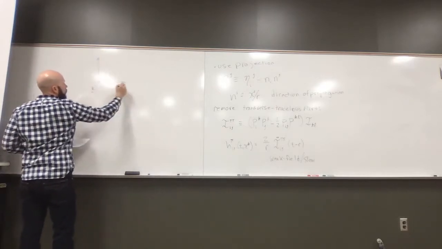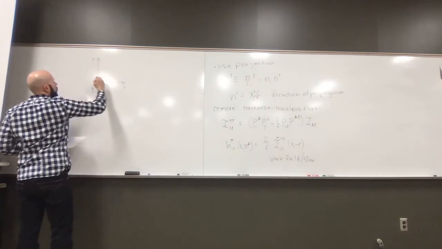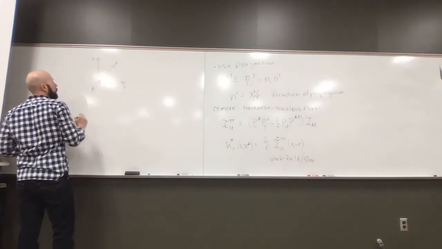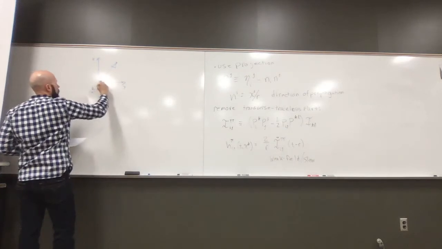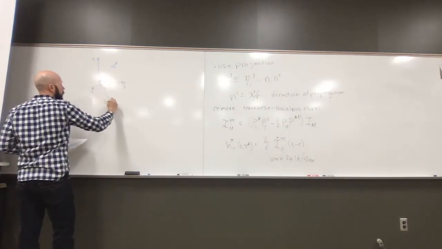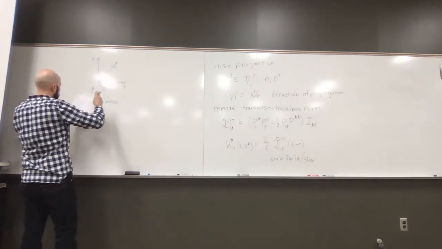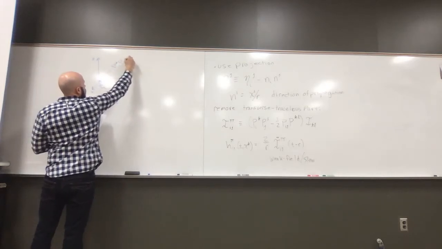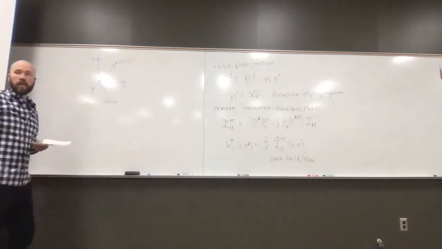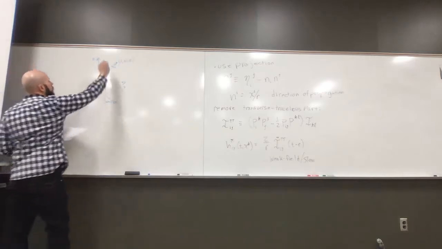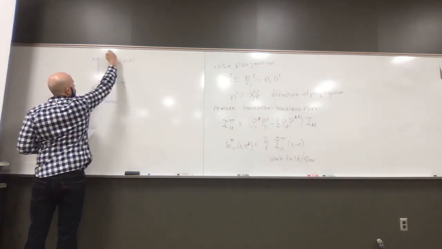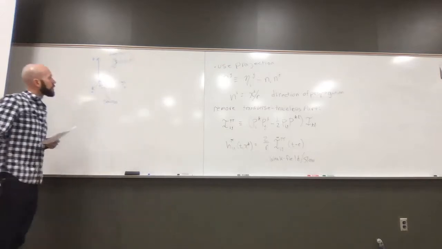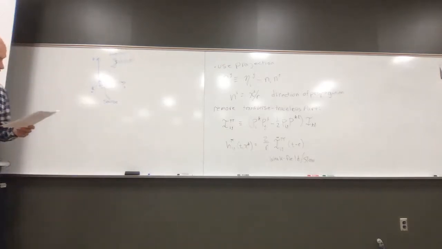Say x, y, z. And then let's say there's some point out here, a source of gravitational waves. And then out here, we have some observer at some r, theta, phi coordinate in a spherical basis, right? Here we have an observer who's trying to measure the strain induced from some gravitational wave passing by.